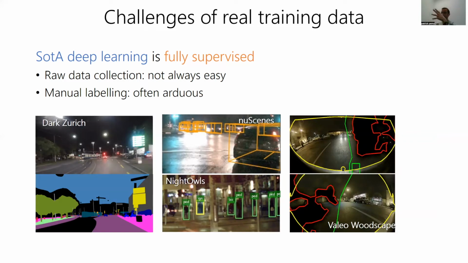So these are examples at night, which is an important problem. Dark Zurich is a data set where you have semantic segmentation at night. So for a human annotator, it's even more difficult. Same with 2D and 3D boxes for vehicles and pedestrians in the second column, on two different public data sets.